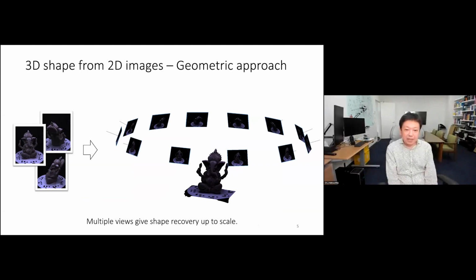To overcome this, we can rely on multiple images instead of a single image. Given a set of photographs recorded from different viewpoints, we can recover the 3D shape up to scale. So how do we do that? Let us walk through this computation pipeline.